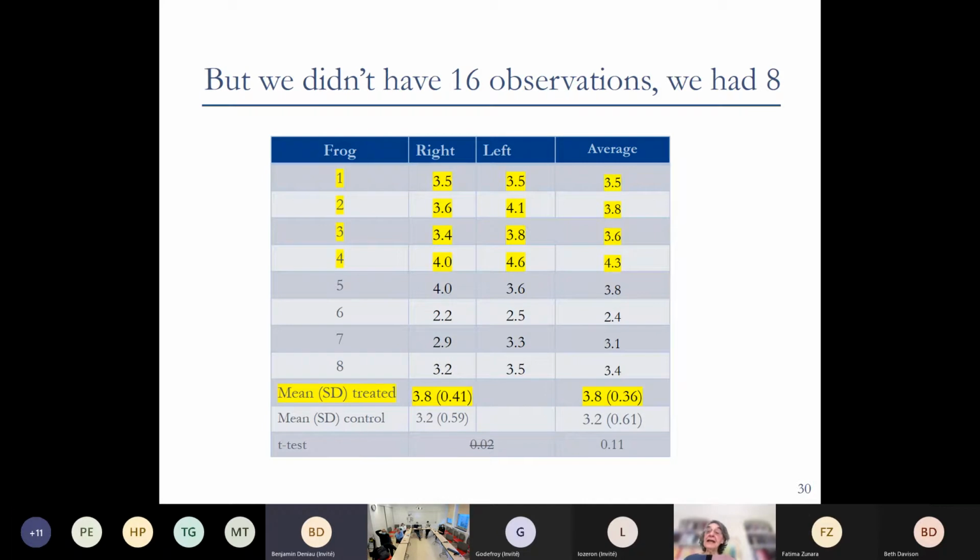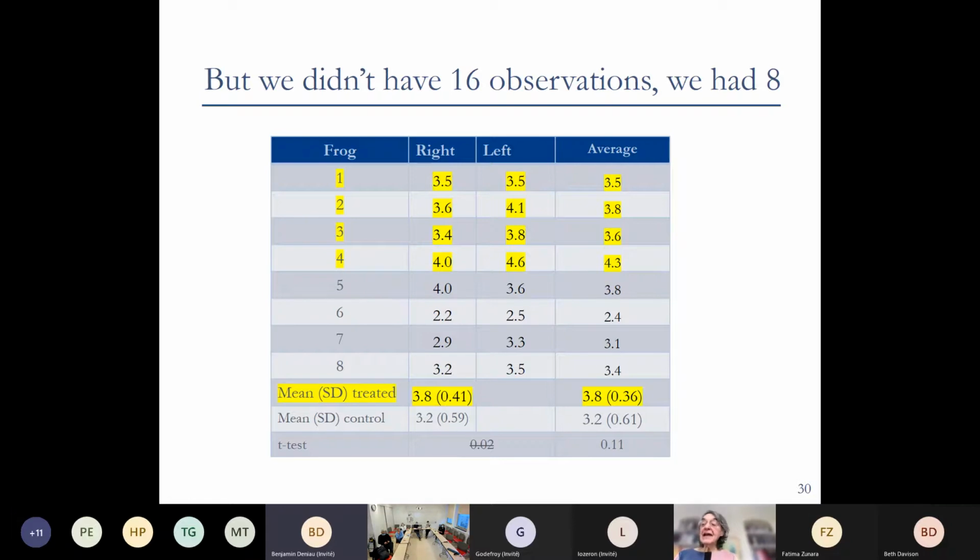And now, again, my mean is the same, 3.8 versus 3.8. That's the distributive law of arithmetic. And my mean in the control is the same, 3.2 and 3.2. But again, my standard deviations are different. And now, when I do my t-test, I get 0.11 for my p-value, which is suggestive, but not conventionally statistically significant.